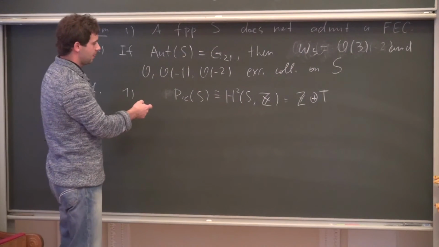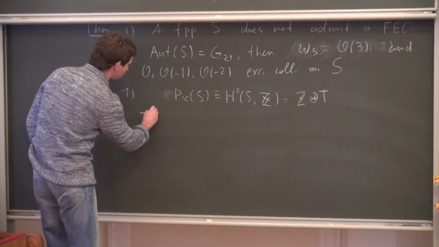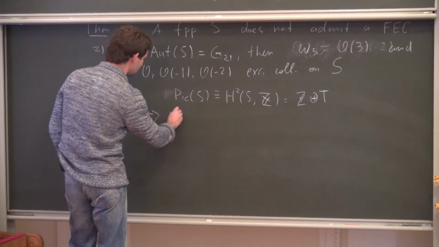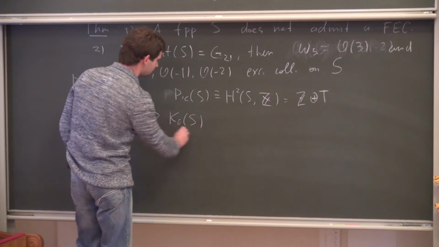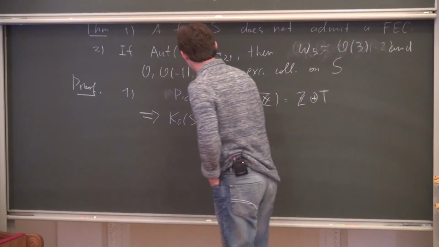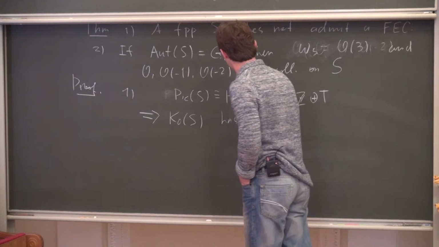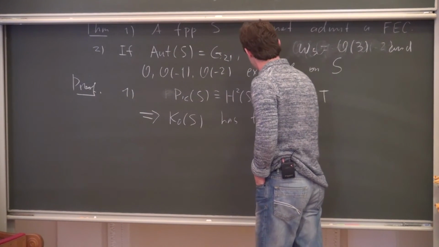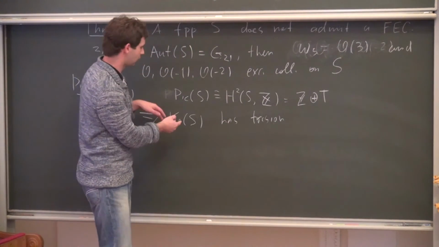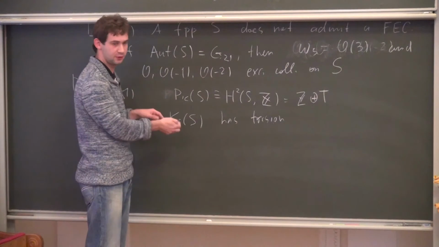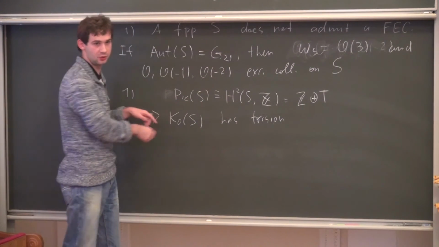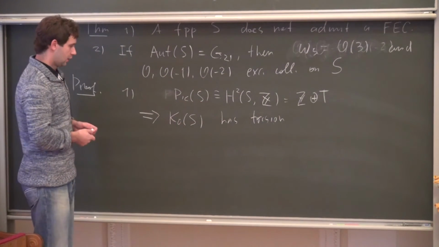Right, and then one can show that K0 of S also has torsion. This follows from a careful application of the Riemann-Roch theorem without denominators: if Picard has torsion, then K0 has torsion.